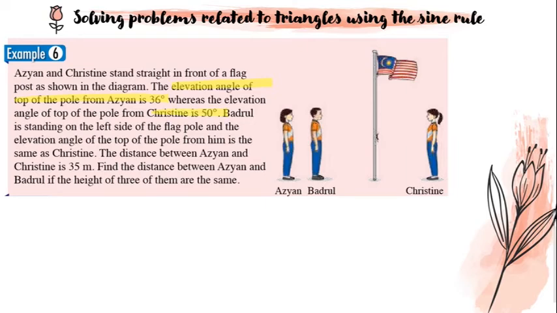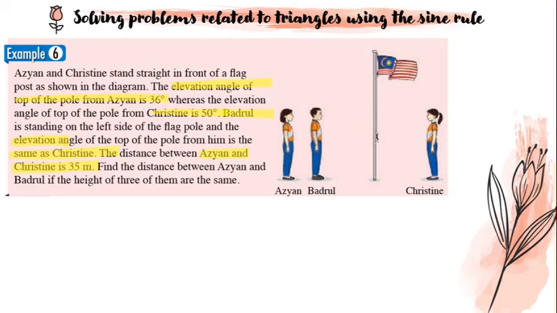Badrul is standing on the left side of the flagpole and the elevation angle of the top of the pole from him is the same as Christine's. The distance between Azian and Christine is 35 meters.